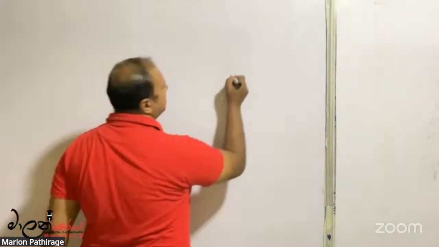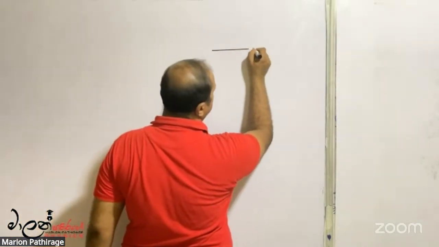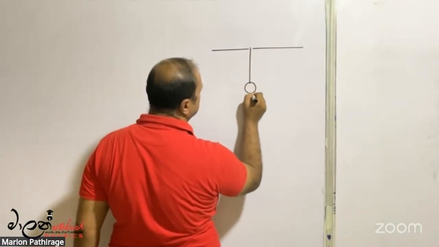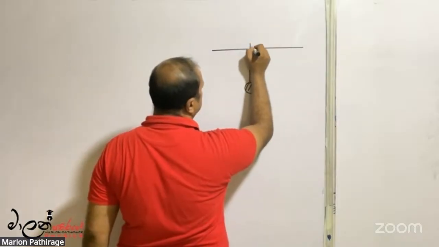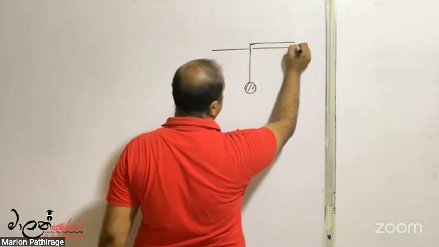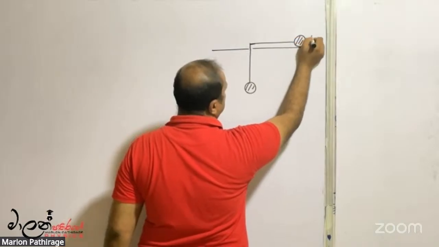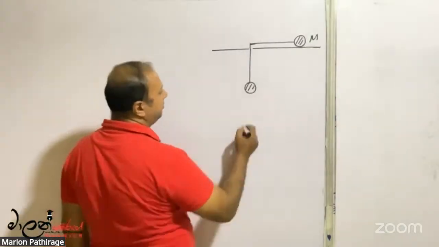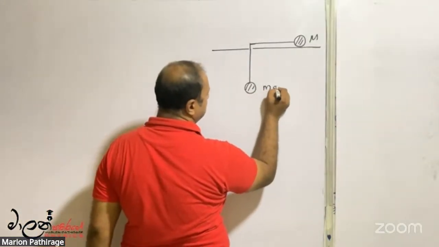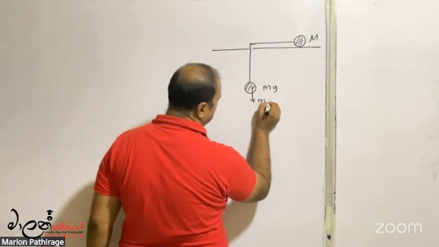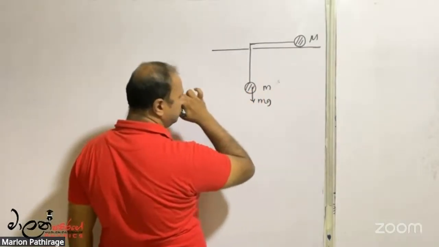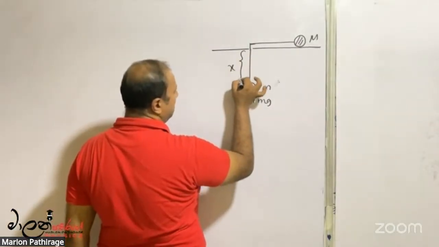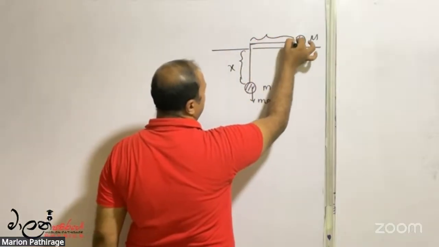Now you are given this kind of figure. Here capital M, here small m. So this length is x and this radius is L minus x.